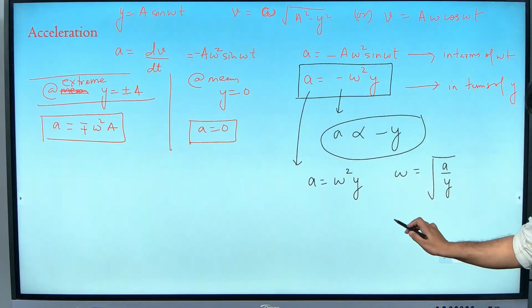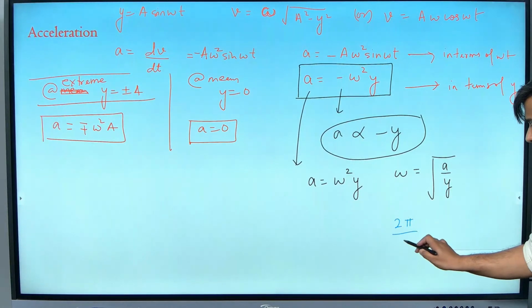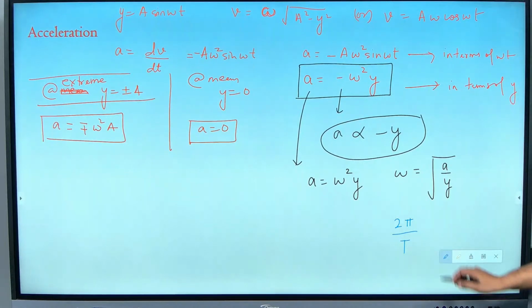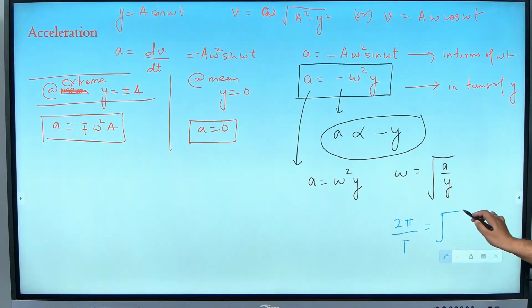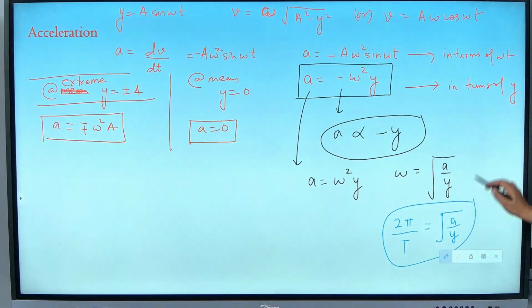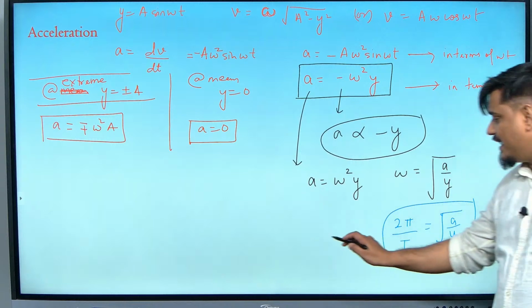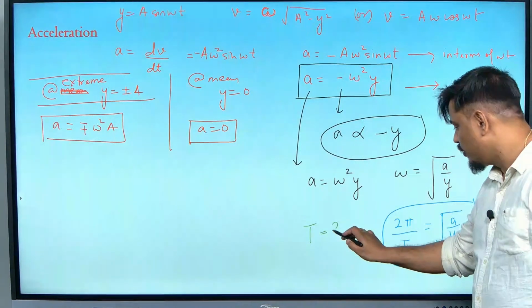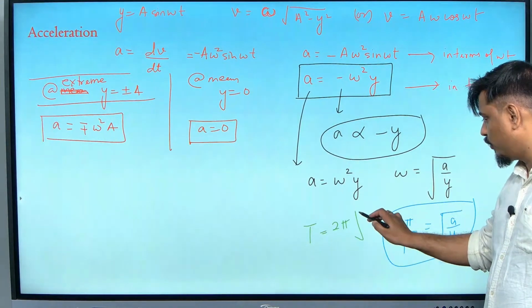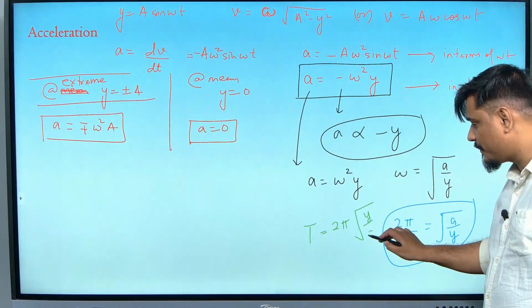Before some time I told you omega is equal to 2 pi by T, isn't it? So 2 pi by T is equal to root of a by y. If 2 pi by T is equal to root of a by y, can I write that T is equal to 2 pi root over y by a?